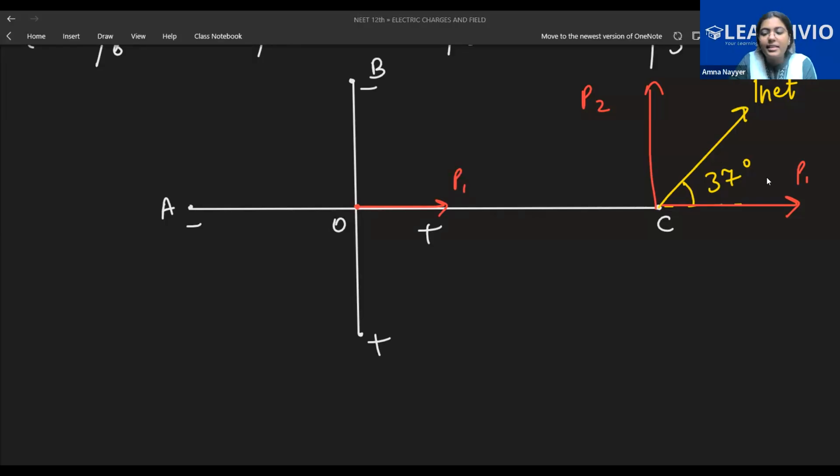And for axial, you know, it is 2kp by r cube. So this will become 2kp1 by r cube. Correct? And for P2, is this also axial? For dipole B, is the point C on the axial or on the equatorial of it?